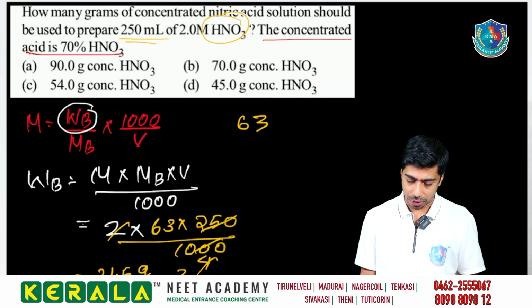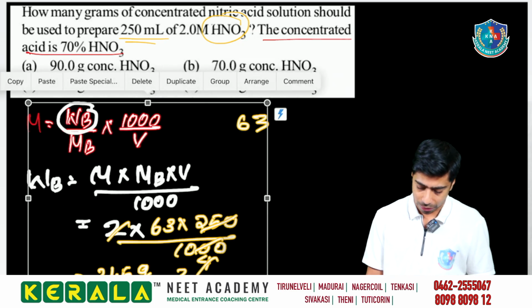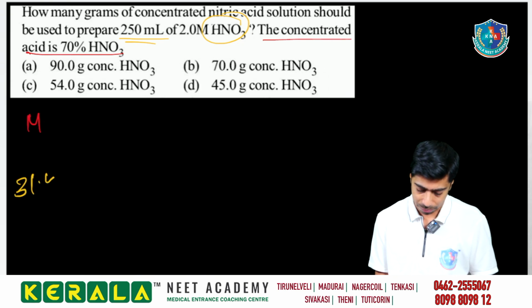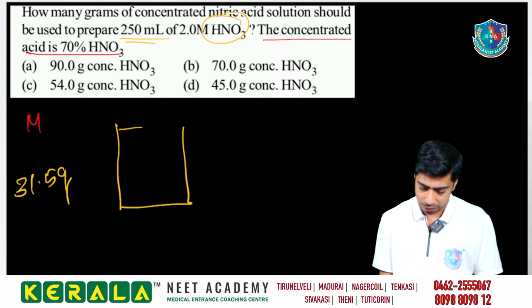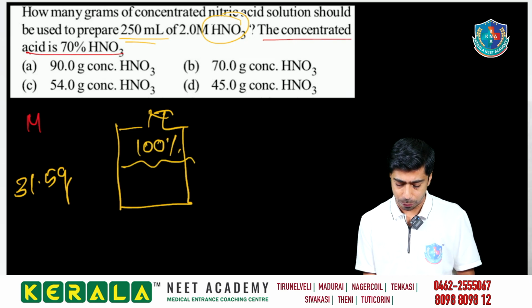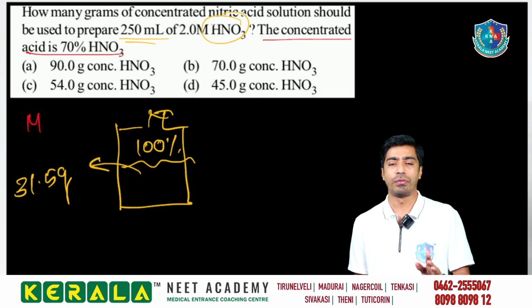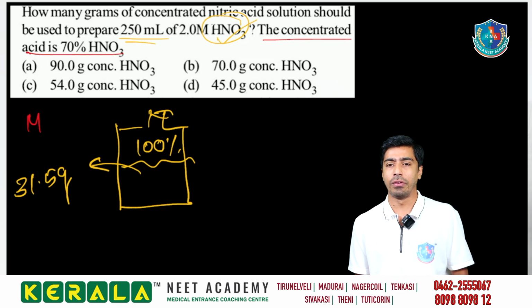That means if you have a nitric acid bottle, 31.5 gram of nitric acid must be taken. But the nitric acid in the bottle from which we are taking should be 100% pure. If it is 100% pure, then taking 31.5 gram from it and dissolving in 250 ml water gives the required molarity.